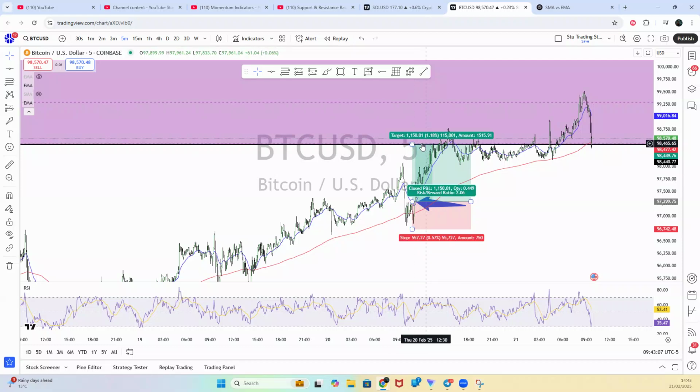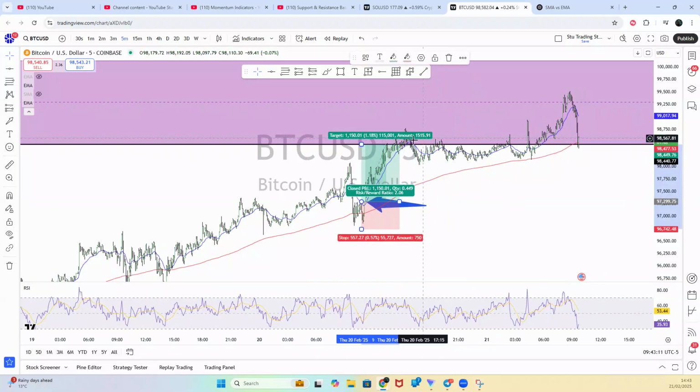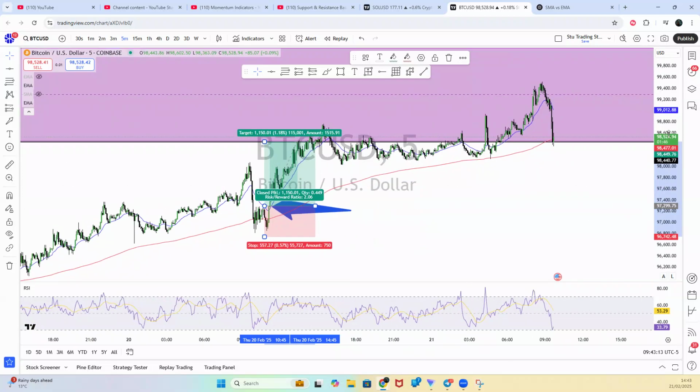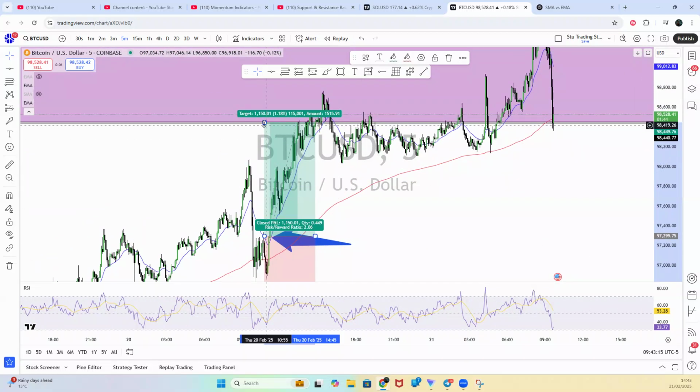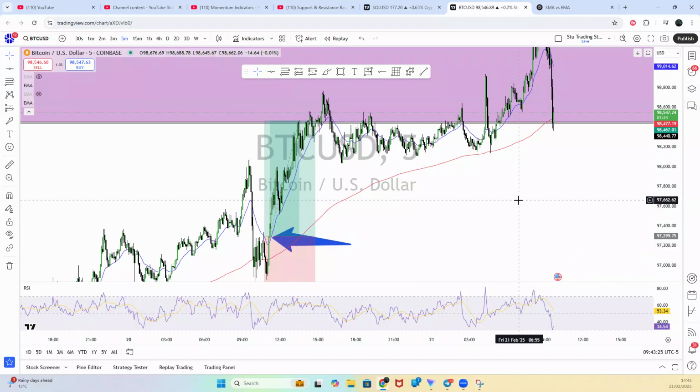Or you simply follow price and wait for price to close below the 20 period moving average, and that would have got you out about here, and that would have been a 2.09 risk to reward trade.